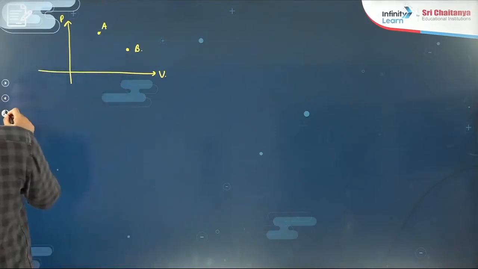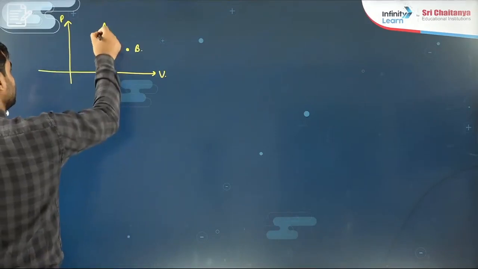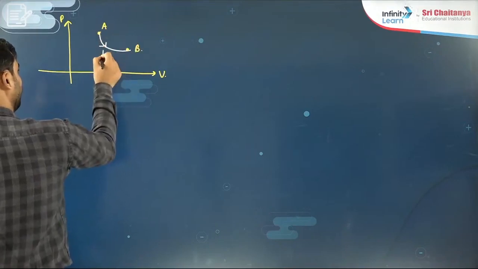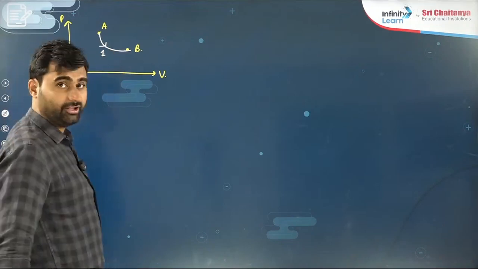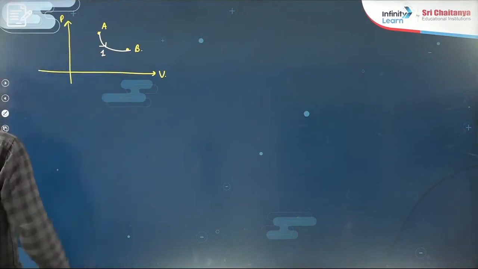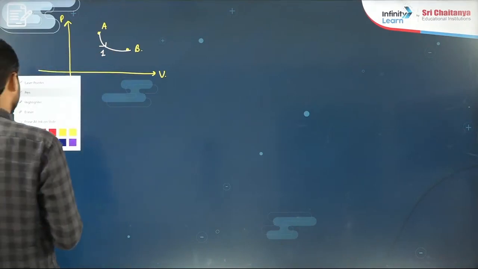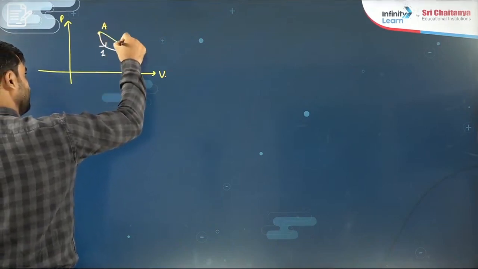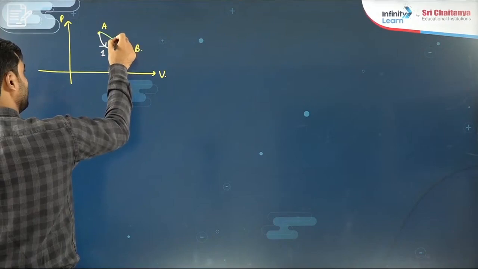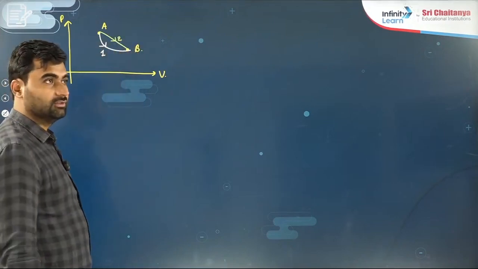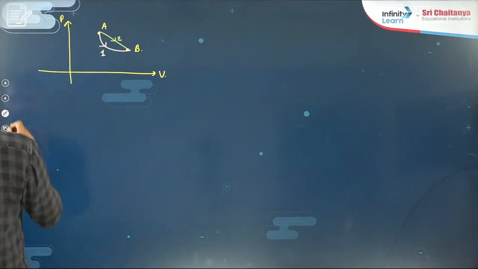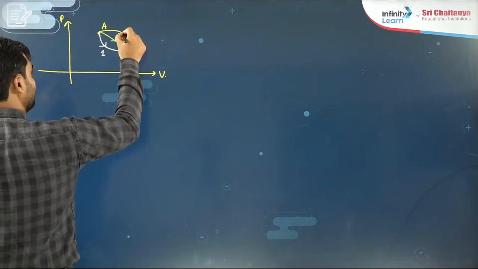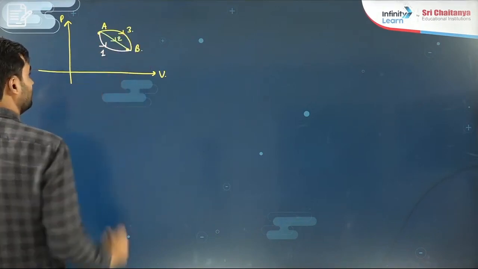The first process is like this, process 1, A to B. Then the second process is like this. Then the third process is like this.